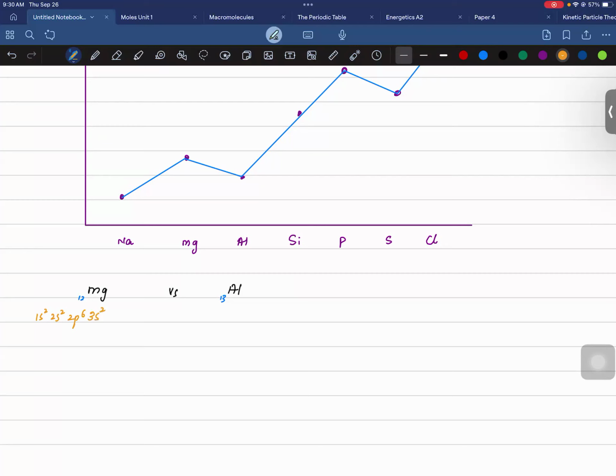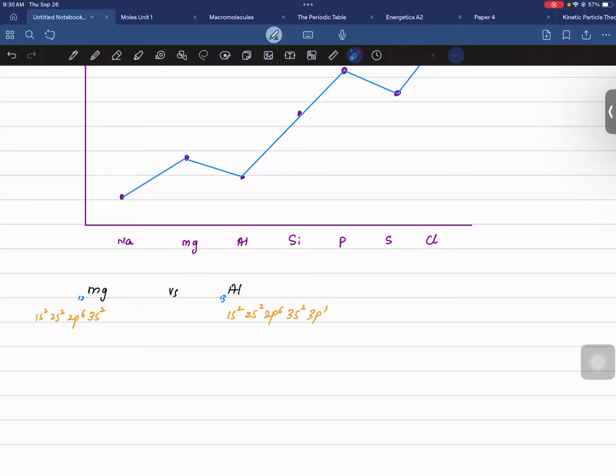Exactly. And what about aluminum? 1s2, 2s2, 2p6, 3s2, and 3p1. Exactly.